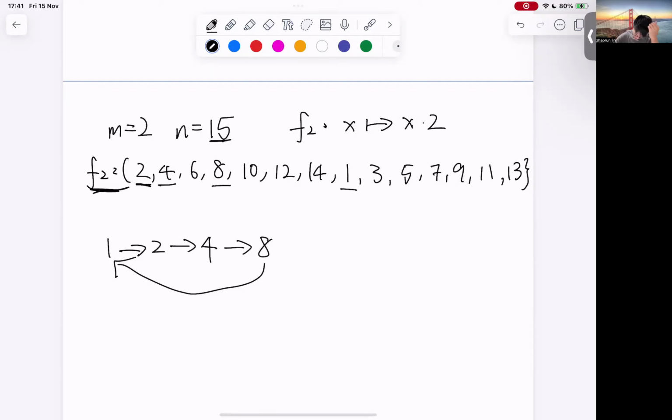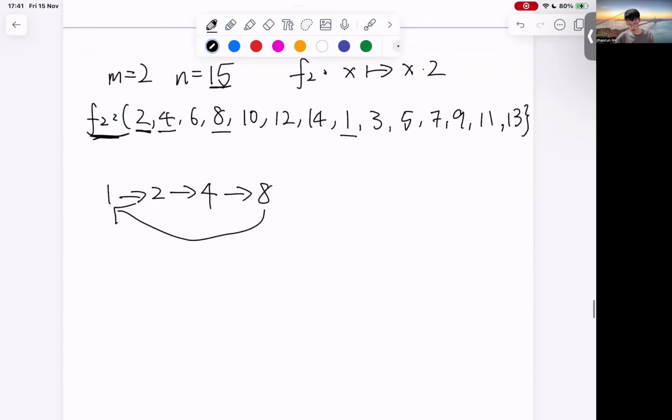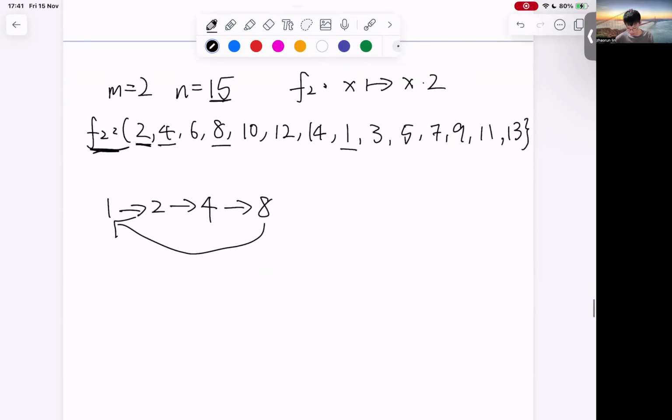And then let's consider 3. 3 would map to 6, 6 maps to 12, and then 12 maps to 9.